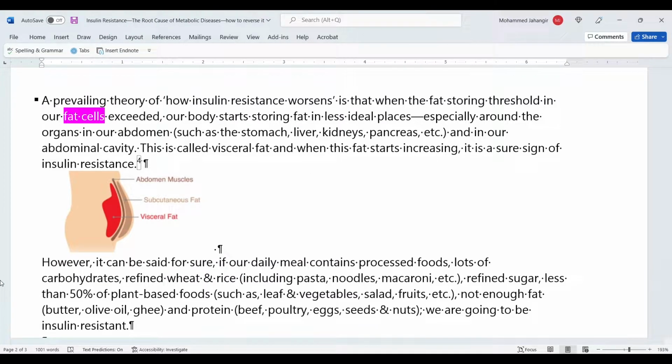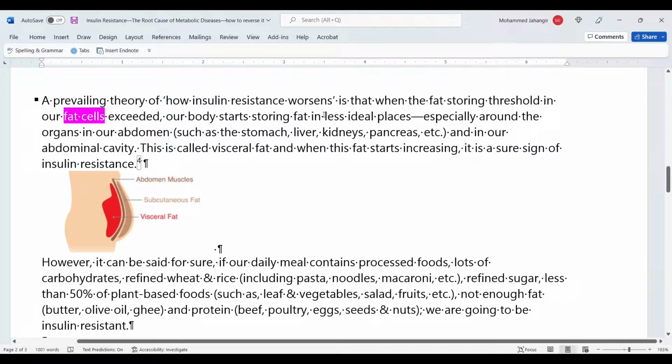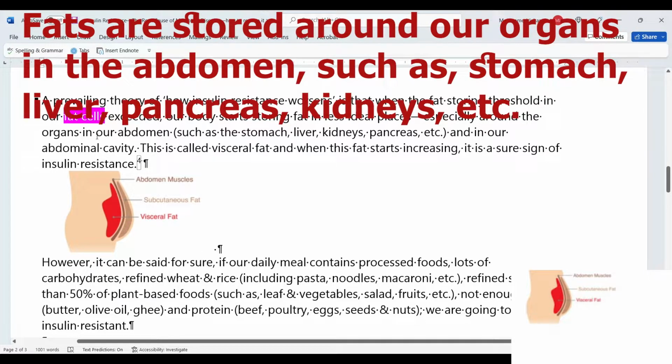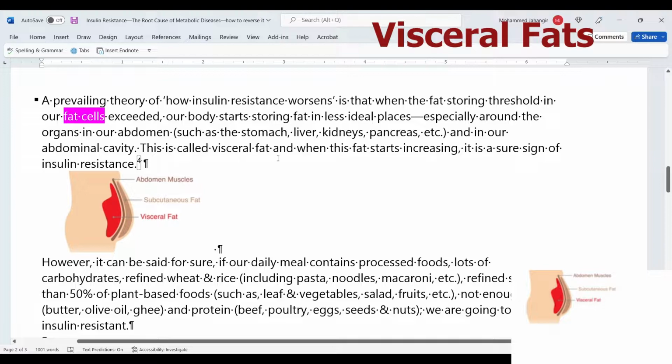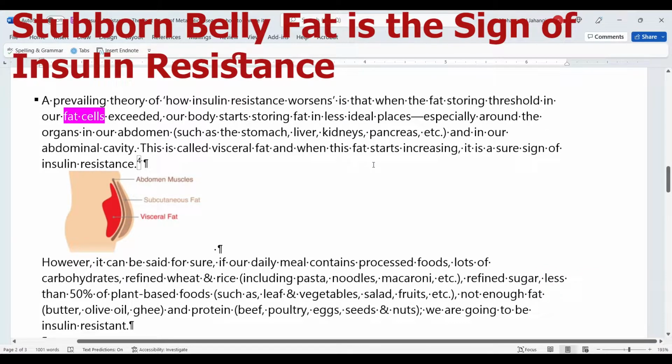A prevailing theory of how insulin resistance worsens is that when the fat-storing threshold in our fat cells is exceeded, our body starts storing fat in less ideal places, especially around the organs in our abdomen, such as stomach, liver, kidney, pancreas, and in our abdominal cavity. This is called visceral fat, and when this fat starts increasing, it is a sure sign of insulin resistance.